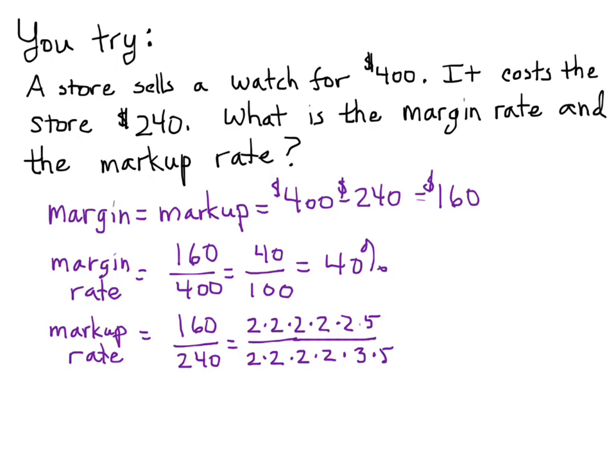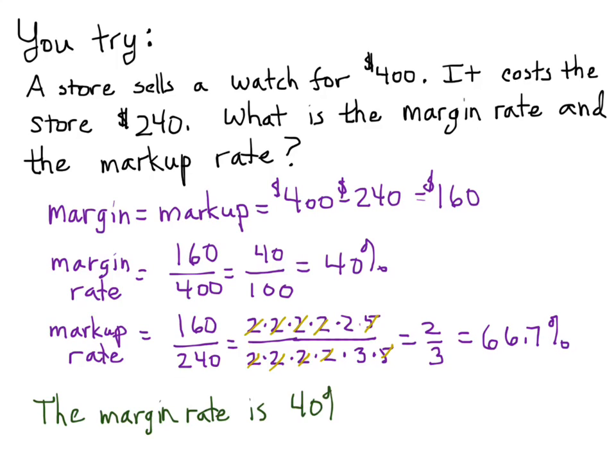But just to illustrate how I do this, and I think it's a fairly efficient way, because I just don't like long division, you factor it. 16 times 10 is 2 times 2 times 2 times 2, which is 16, times 2 times 5, which is 10. A similar breakdown with 240: 2 times 2 times 3 times 2 is 24, and then 2 times 5 is 10. You cancel those out, and you get 2/3, which is 66.7%.